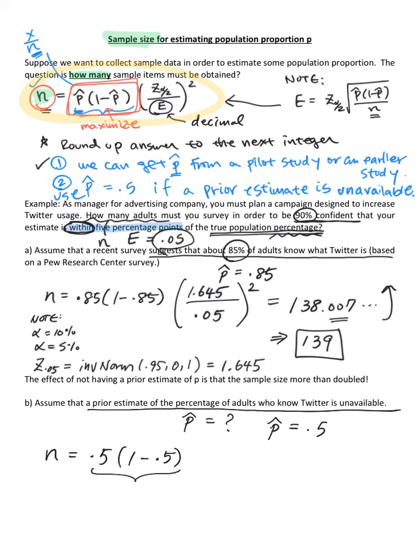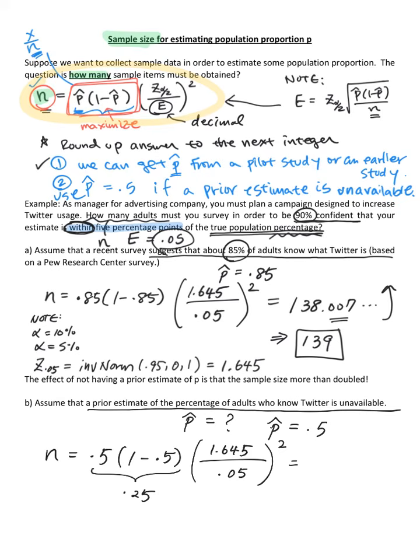So this part will give you 0.25. And then z sub alpha over 2, which is the same as before, 1.645, over the margin of error 0.05 squared.